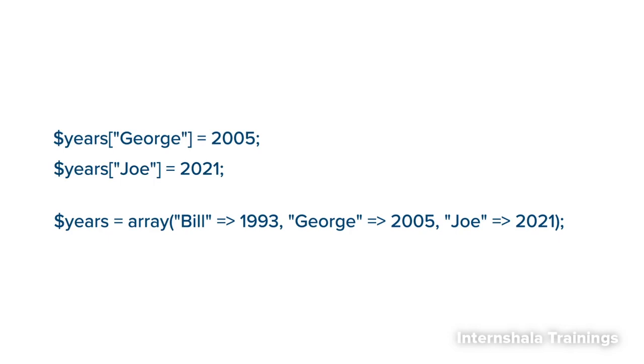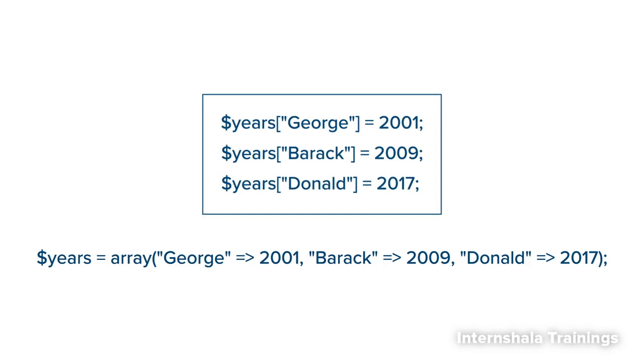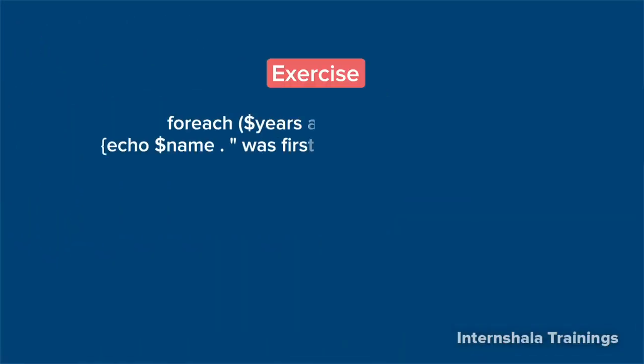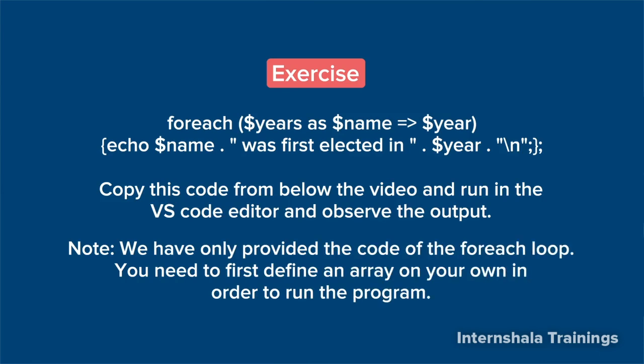It works exactly the same as we have done in the case of numeric indexed arrays, with the only difference in the indices. Also, we can define this array element by element like this. In the case of associative arrays, we can use the for each loop like this to print all the elements. Your task is to run this code and observe the output on your own.